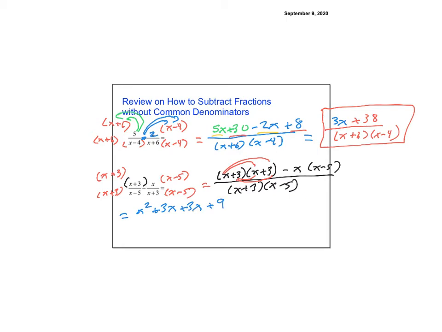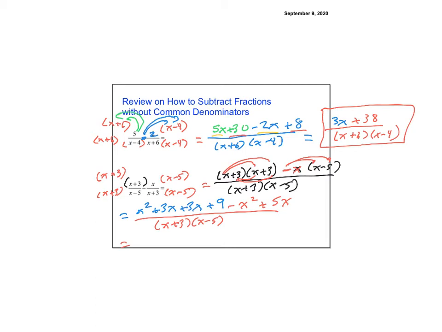All right, and then here, we're going to distribute the minus x through. So we get a minus x squared. A minus x times a minus 5 there is a plus 5x. All over x plus 3, x minus 5.